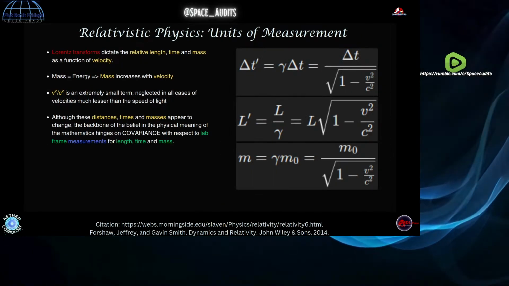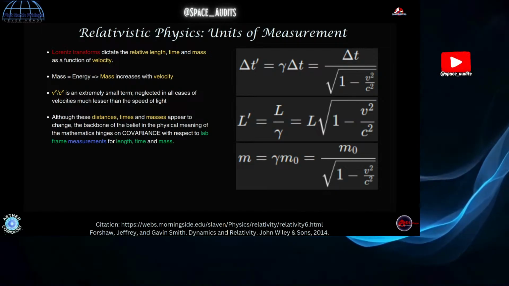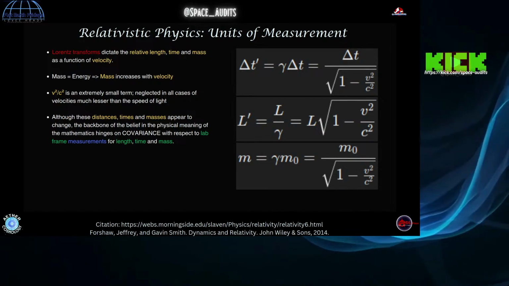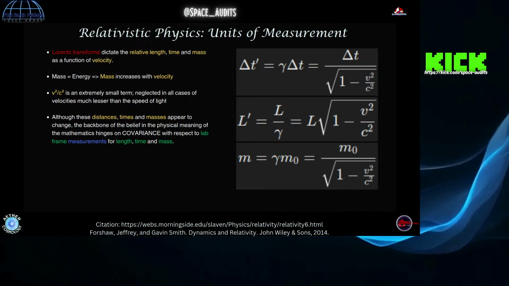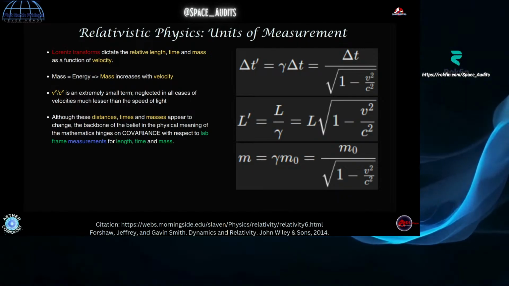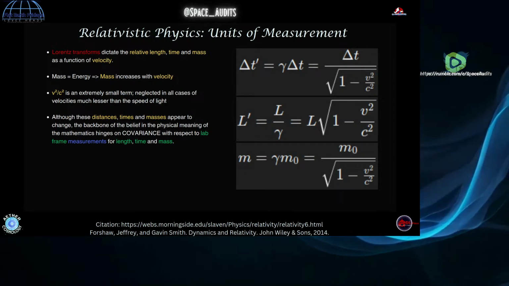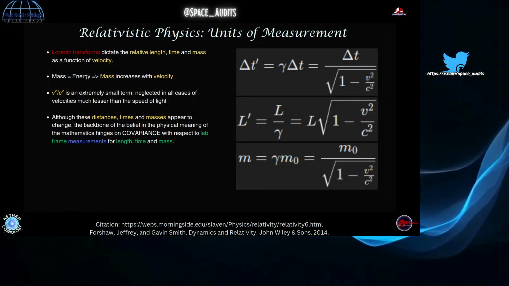So the units of measurement that we looked at earlier, length, mass, and time being the fundamentals for everything, right? When we gamma factor them for the change in time, or for those time coordinates and distance coordinates and mass values, they're going to be a factor of the velocity squared over c squared.